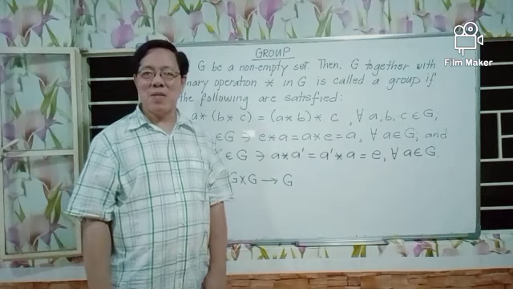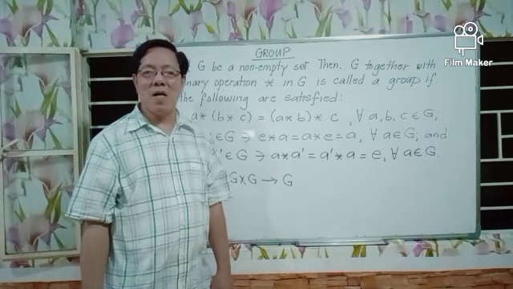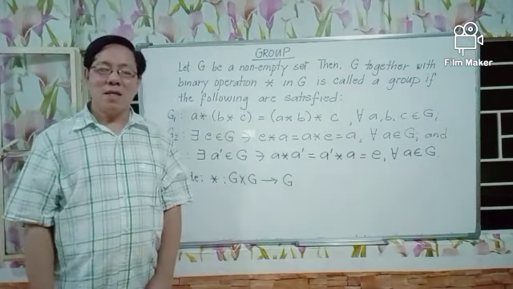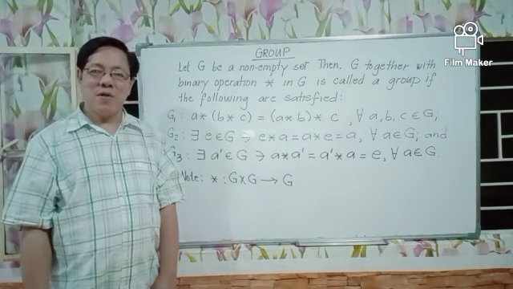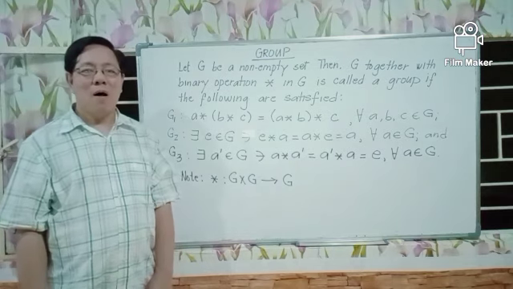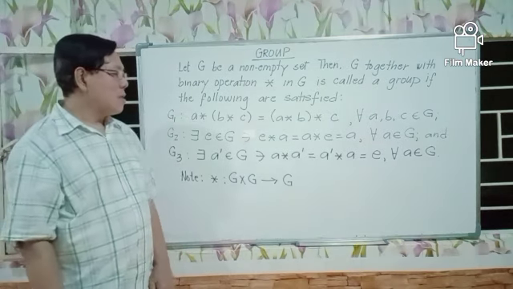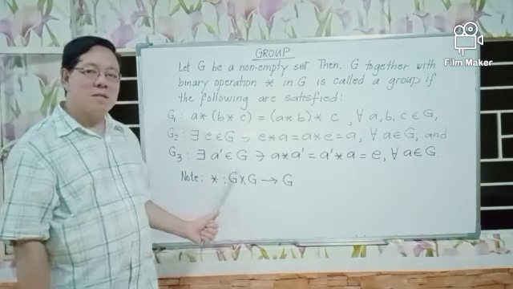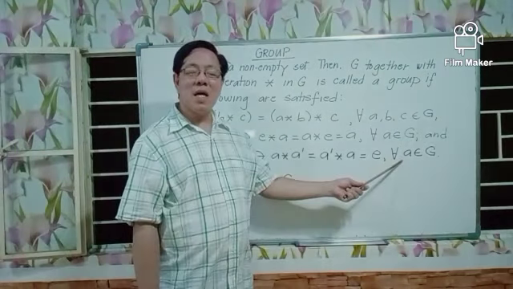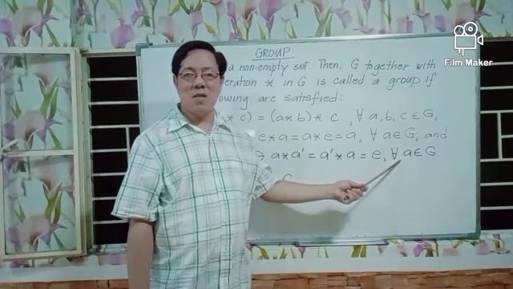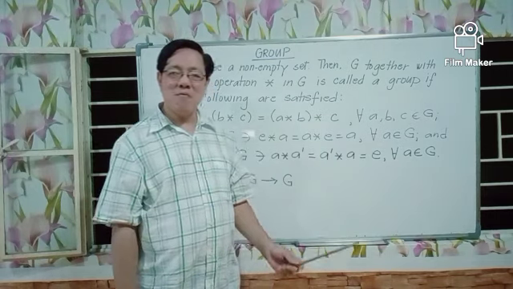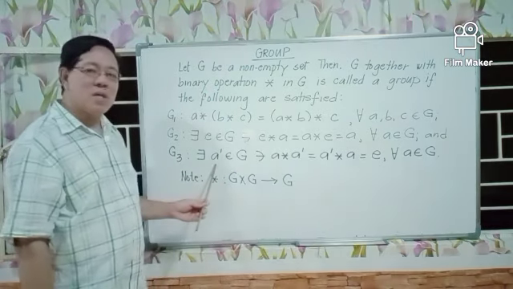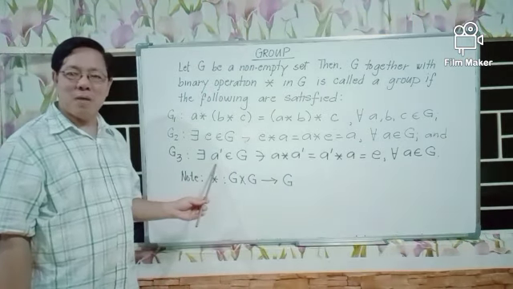And the third property of a group is denoted by G sub 3, and it is the existence of inverse elements of the elements of G. This property says that if you take any element of the non-empty set G, that element has an inverse. In this definition, the inverse is denoted by a prime.